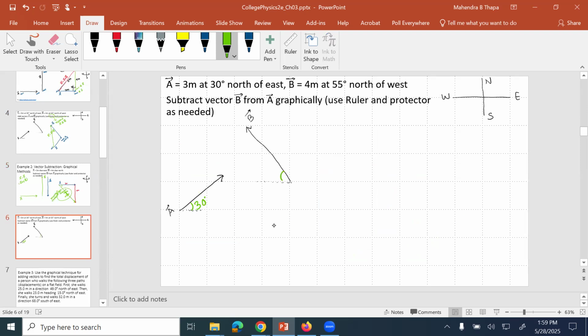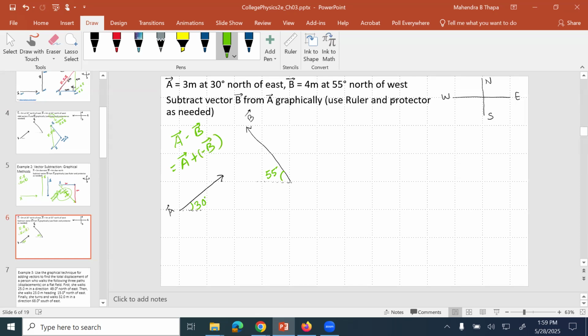So this is north of west. Okay, north of west. So this angle is 55 degree. My goal is to find A minus B, subtract vector B from A. So this is the same as A plus minus B.